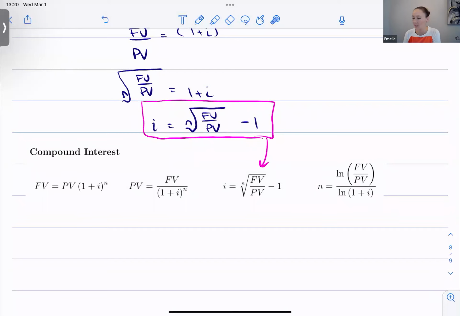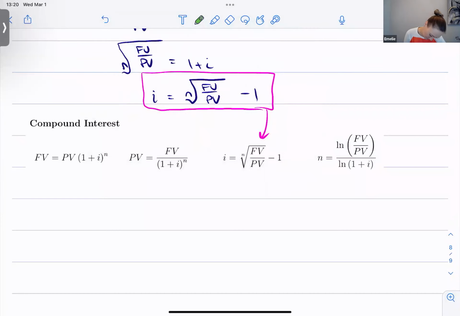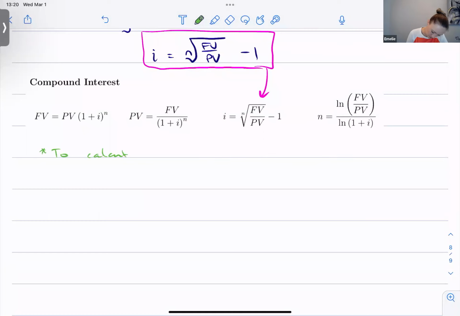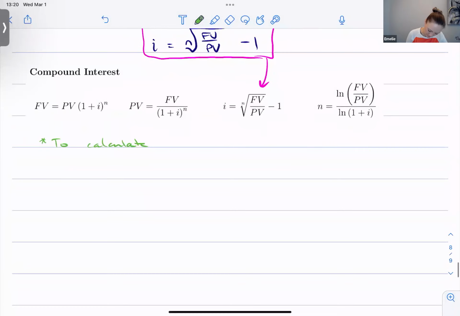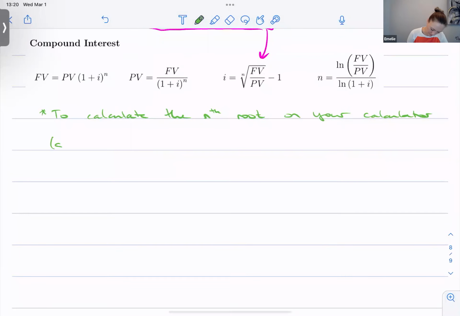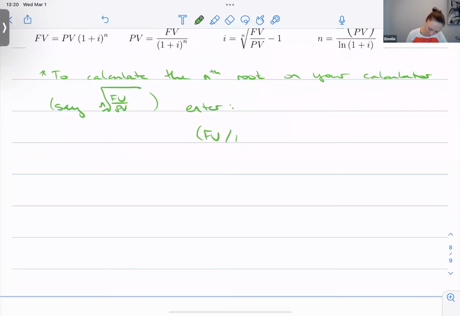There are some fancy calculators that have an nth root button where you can specify, but to calculate the nth root of the future value over the present value, what you're going to enter is actually the future value over the present value to the power of 1 over n.